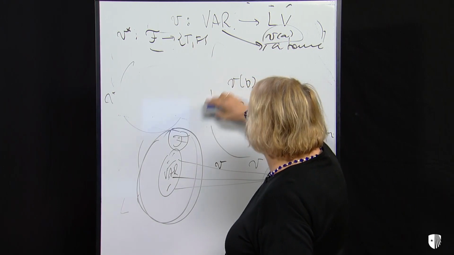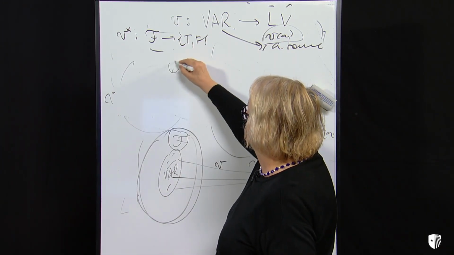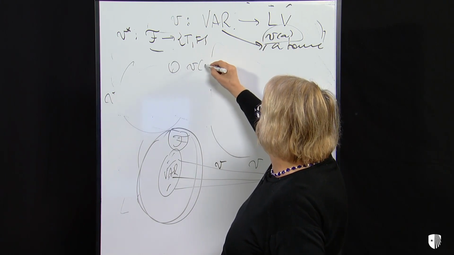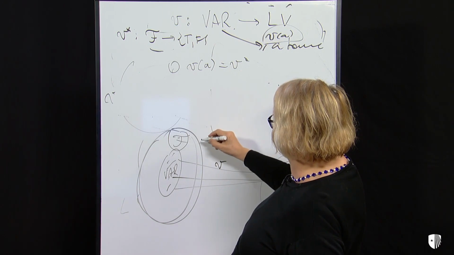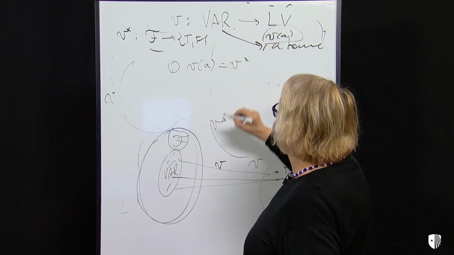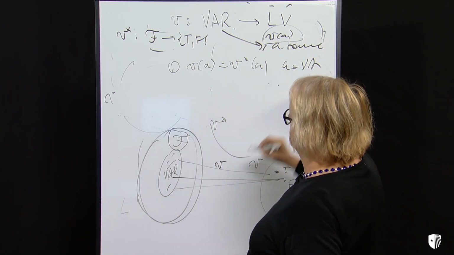And how do you do it? First, what is happening here, you have V star of A equal VA, for A in variables.